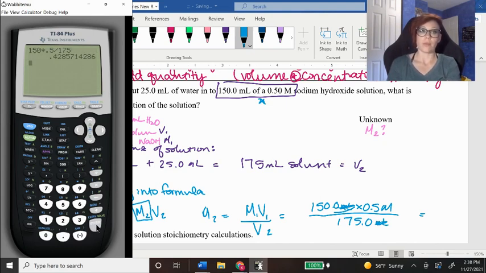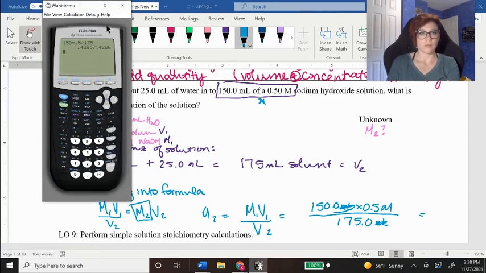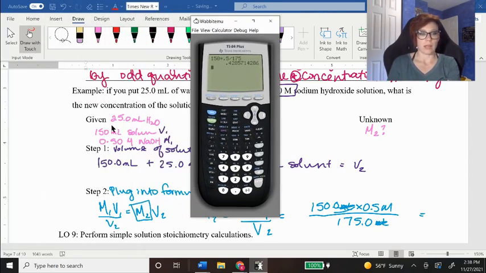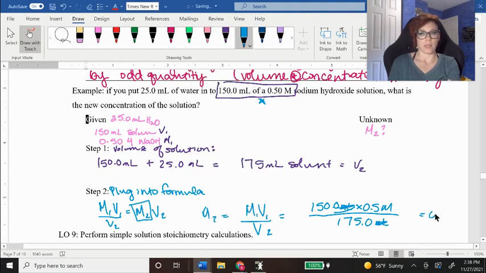That gives me 0.43 molar NaOH. Again, sig figs, I have 4 sig figs for this guy, 3 sig figs for this guy, and 2 sig figs. So 2 sig figs wins out. So we are at 0.43 molar NaOH.